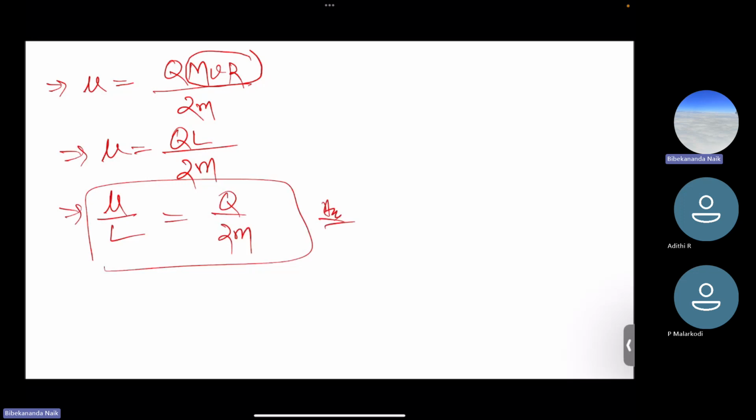Is this clear? The gyromagnetic ratio will be Q by 2m.